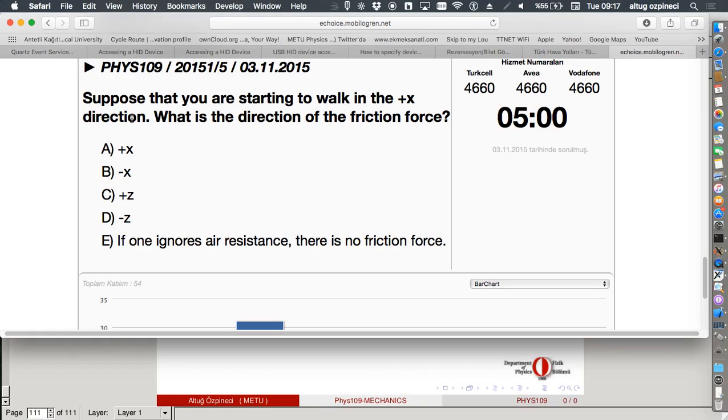And then because of these forces, I apply first, for example, in the minus direction. But that is the force that you are exerting on Earth, right? Yes. And because of this force, the friction force acts in the other direction. Okay, so your answer is A, right?